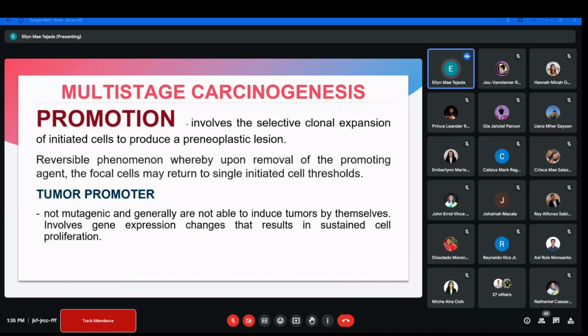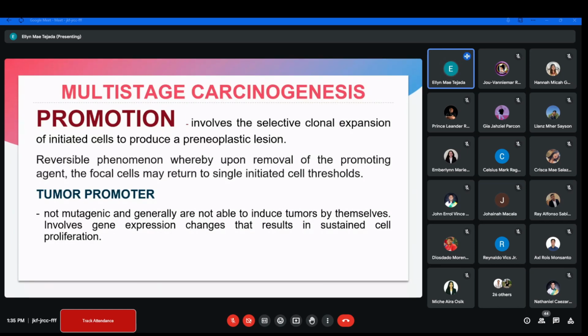Now, the growth of preneoplastic lesions requires repeated applications in order to continue the exposure to tumor promoting compounds. While initial exposure to tumor promoters may result in an increased cell proliferation, so mas aggressive na siya, or an increase in DNA synthesis in all tissues of the organ.